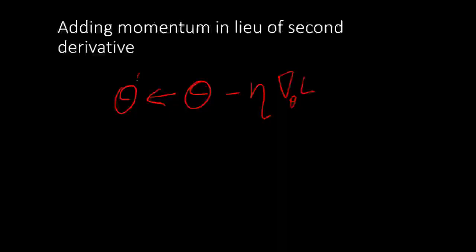In addition to that, we will add some factor alpha of the previous weight update, which was theta of n minus 1 minus theta of n minus 2.